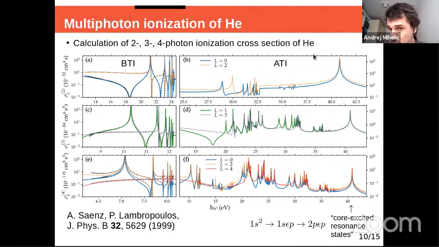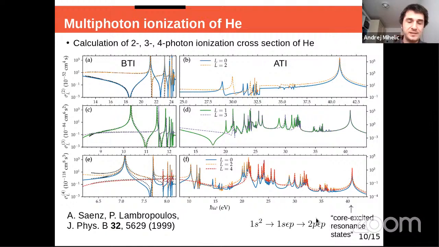We also checked the results above the ionization threshold, and it turned out that it agrees with the results that we could find in the literature rather well. So we could reproduce, for example, the resonance cross sections and also the so-called core excited resonance states.